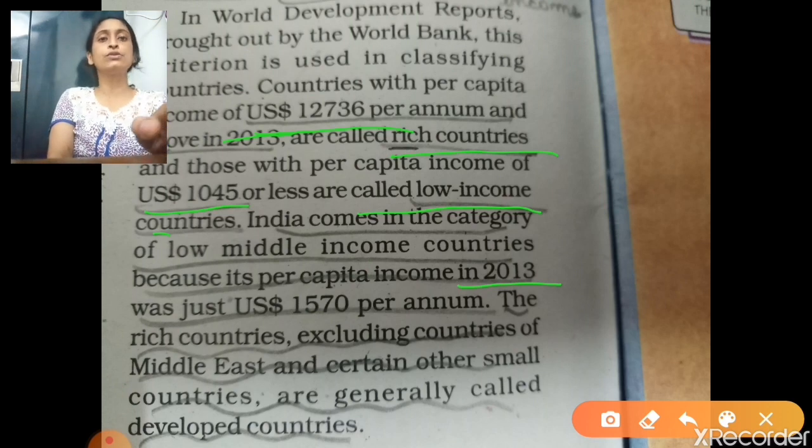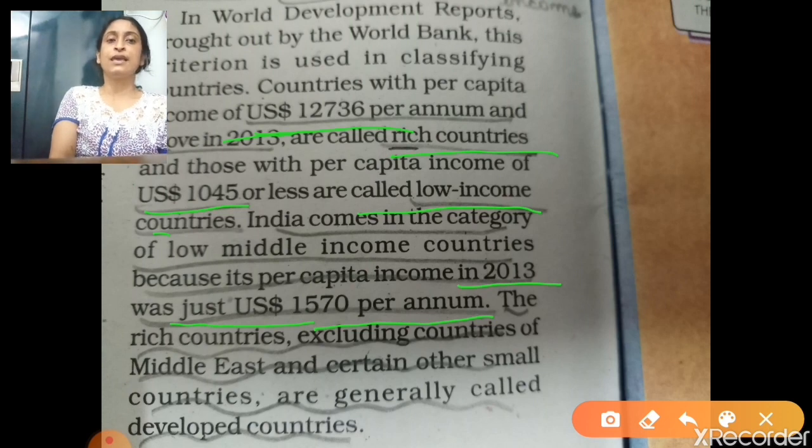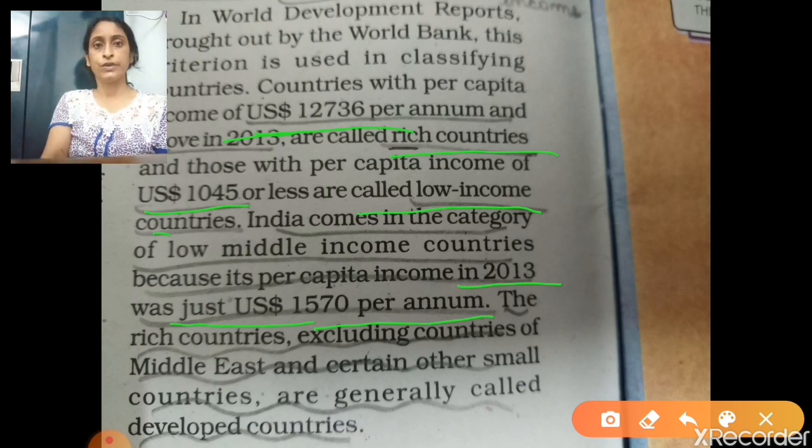In 2013, India's per capita income, income per person, was just 1,570 US dollar per annum.